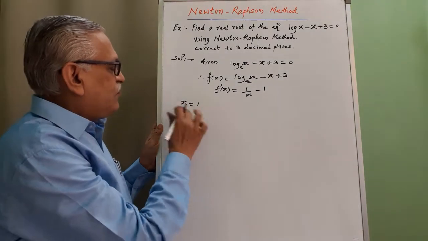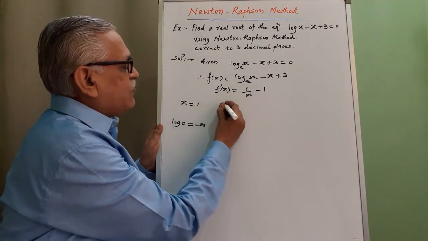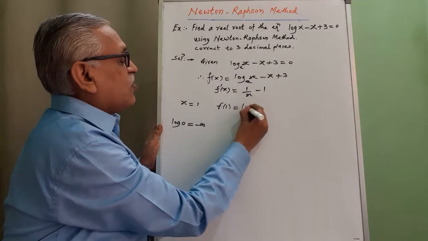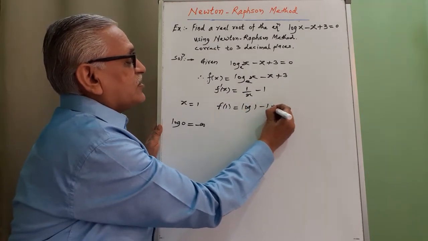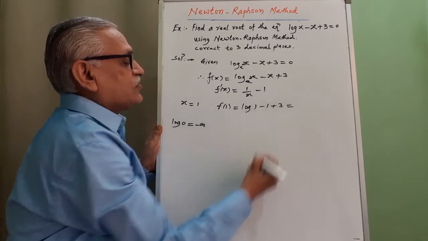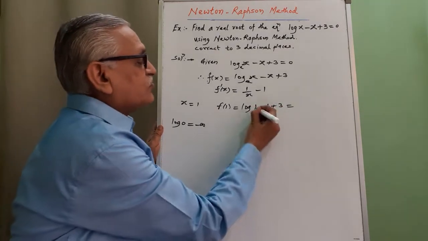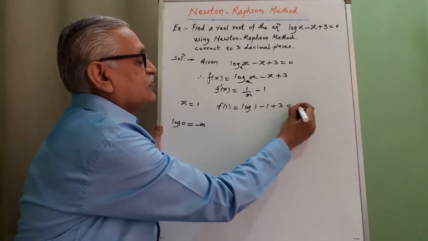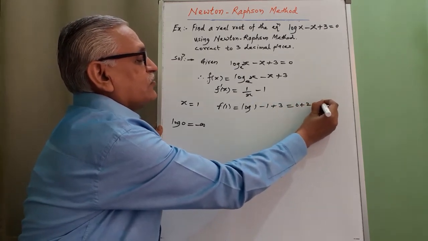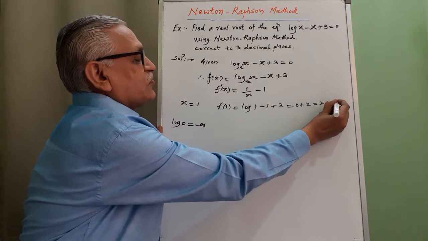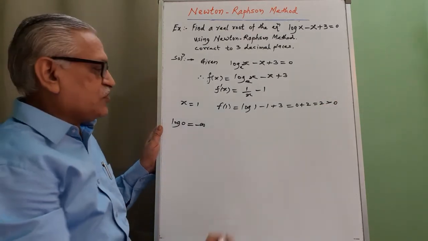Therefore, for x is equal to 1, we get f of 1 is equal to log of 1 minus 1 plus 3, and log 1 is 0, therefore 0 minus 1 plus 3 we get 2, which is greater than 0, a positive one.